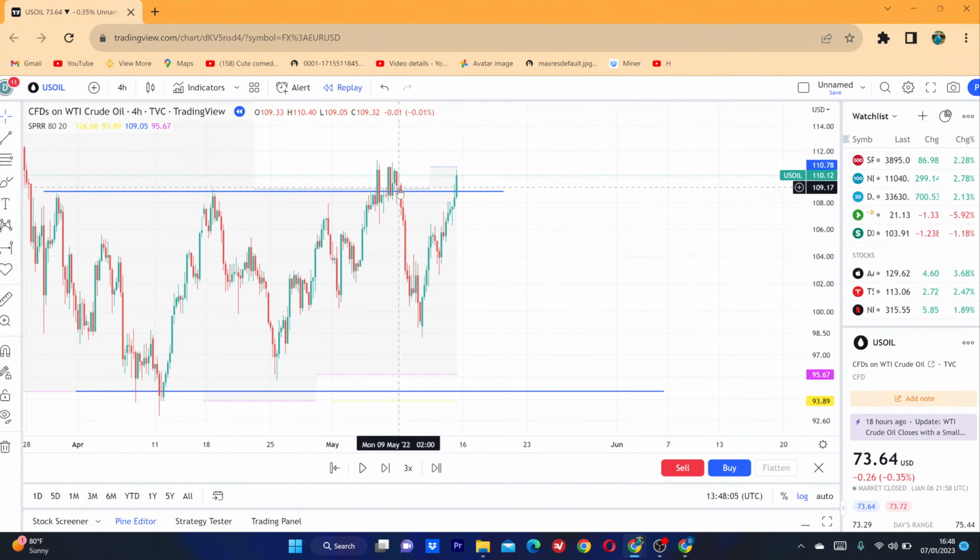When we talk about this going down, some people may think that they are small pips, but over here there are so many pips that even when you have a smaller size of 0.01, you're going to make a lot of money. The last move from 108 to 98, that is 10,000 points. That's 1,000 pips. So you can make a lot of money out of that. You can even benefit from all these points, but it's very crazy.